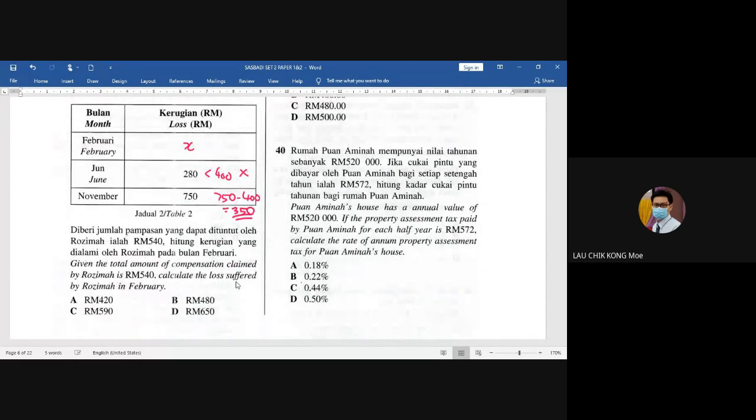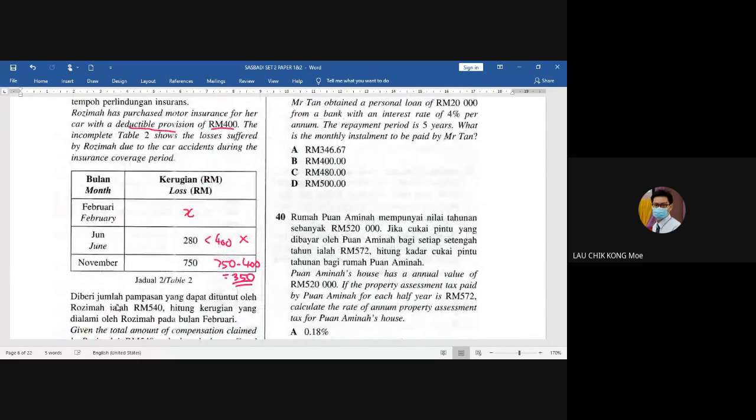But the total Rosima can claim is 540. So 540 minus 350. So it's 190. So means that we only can claim 190 for February. But remember, you need to minus 400, right?